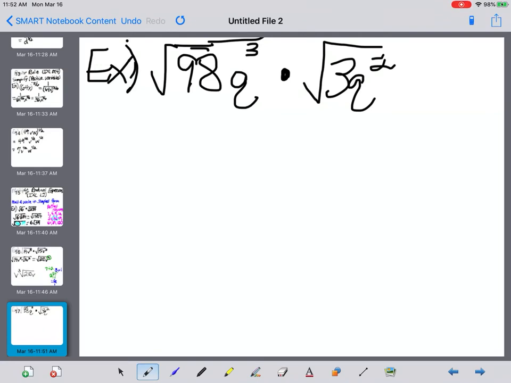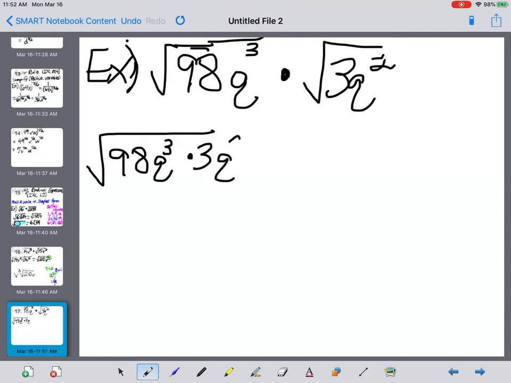Okay, so we're going to do the same thing here. We're going to do the square root of 98q to the third times 3q to the second.